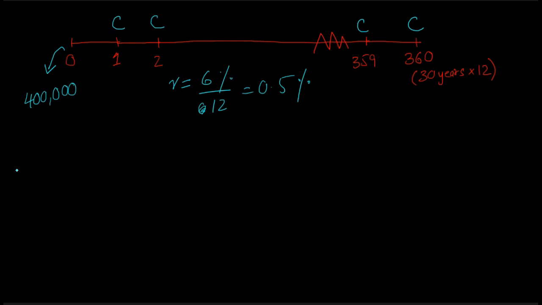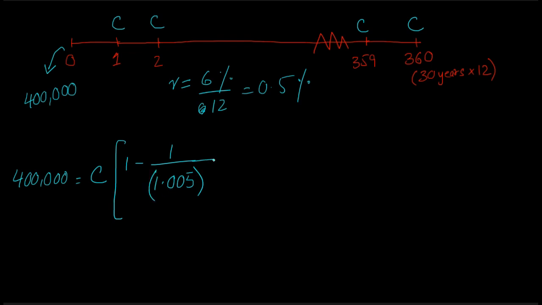So if you were to solve this, you'd say 400,000 should be equal to C, which is the payment, times 1 minus 1 over 1.005, which is basically 1 plus 0.5%, raised to the power 360, and then we're going to divide all of that by 0.005, which is 0.5%. The idea here is that we're trying to solve for C.